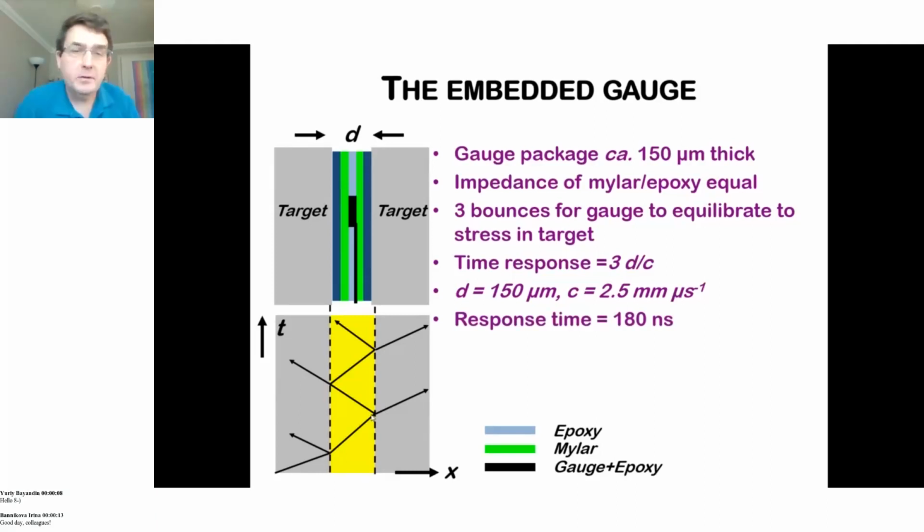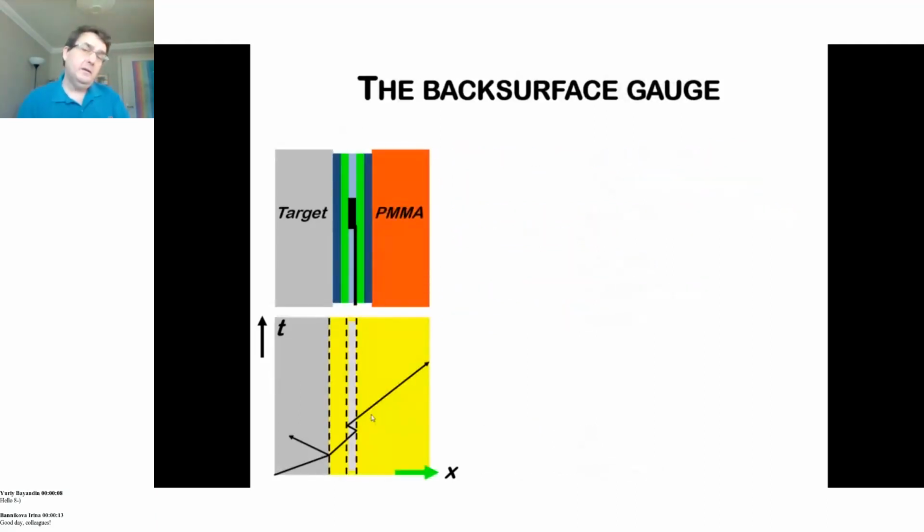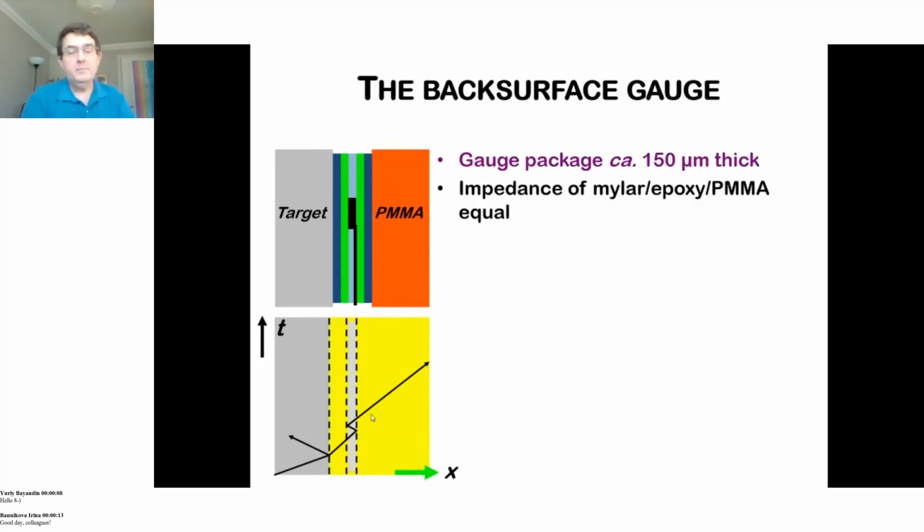We can also put the gauge on the rear of the sample. Here, we put the gauge with a backing of perspex, because the perspex is impedance matched to the polymers and to the epoxies. So now we're in a situation where the gauge package is the same thickness, but the impedance of the mylar, the epoxy, and the perspex is approximately equal.